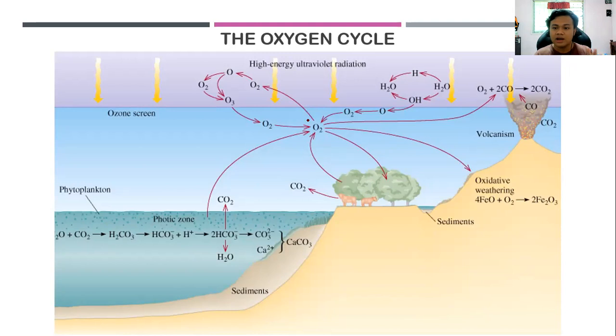We have different forms of oxygen: elemental oxygen, oxygen that exists in the atmosphere as a diatomic molecule, and the most important form of oxygen in the atmosphere, which is ozone, O3. Okay, so let's move on.